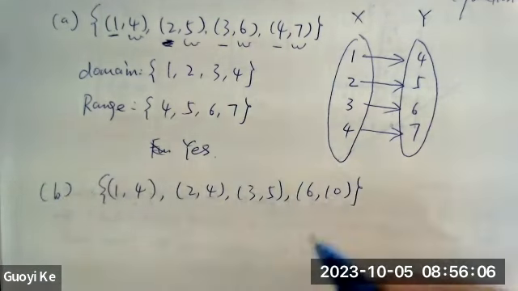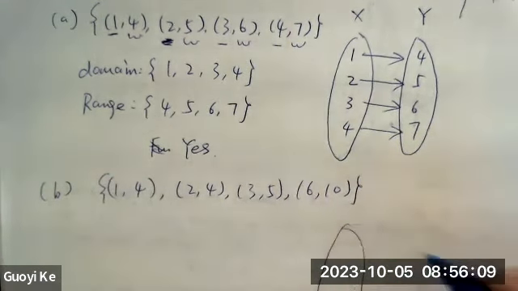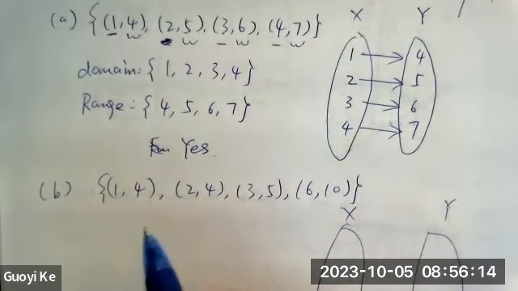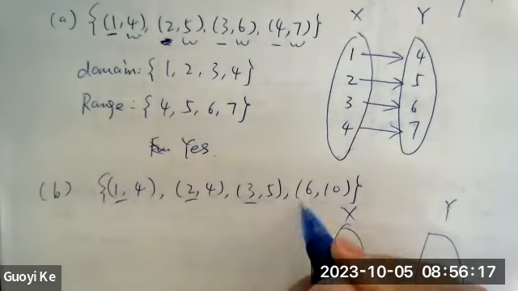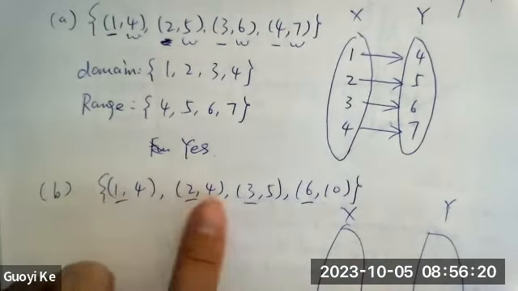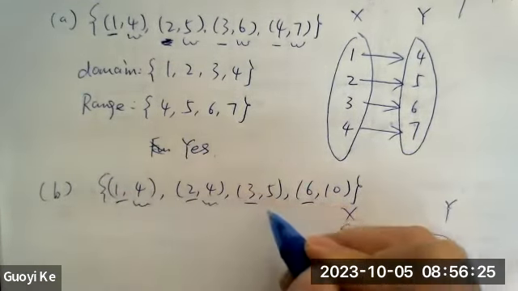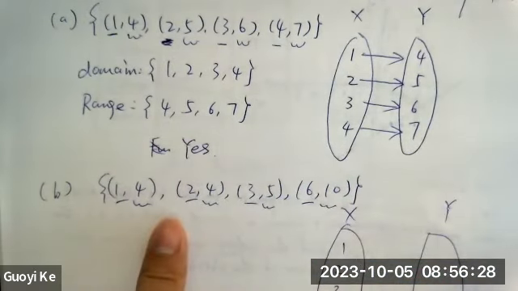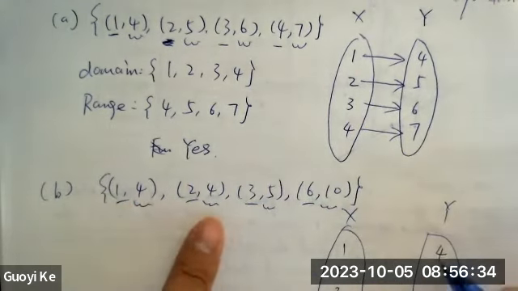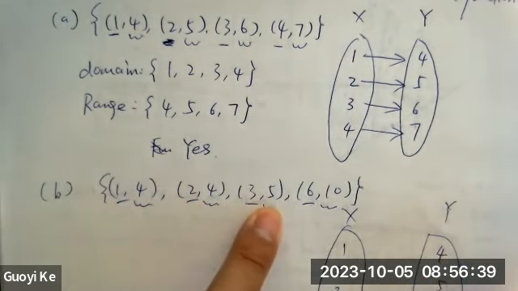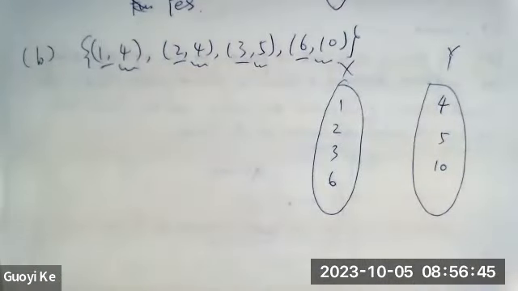Okay, let me write down the answer on the board. So the first step, you need to draw the graph, x and y, right? The x set is about the x coordinates: 1, 2, 3, 6. And the y coordinates are here. Since here we have a repetition, for the repetition we only pick one. Here are two 4s, we only pick one.